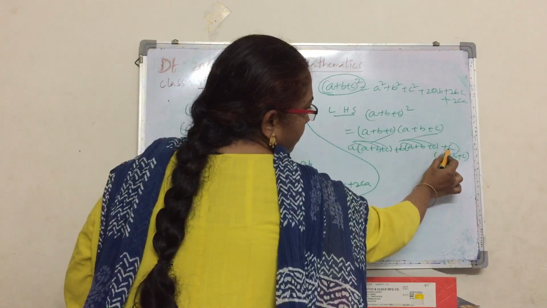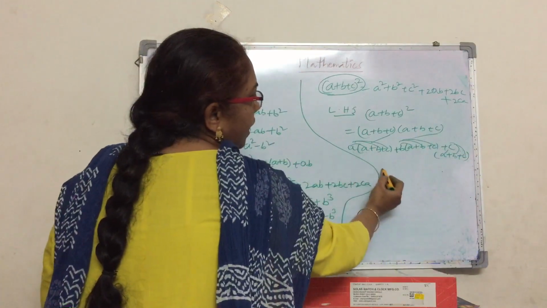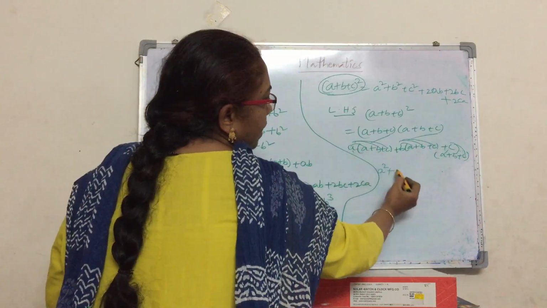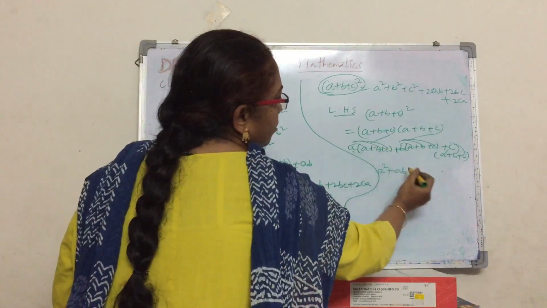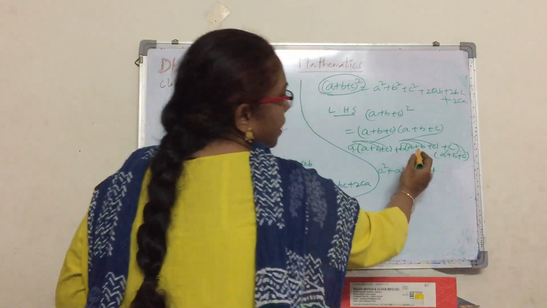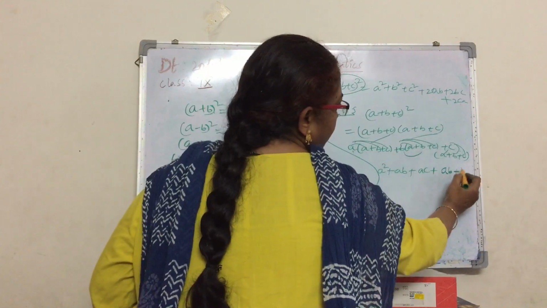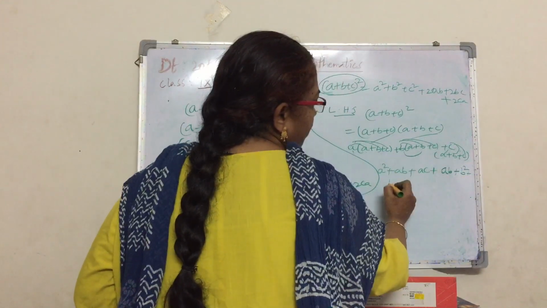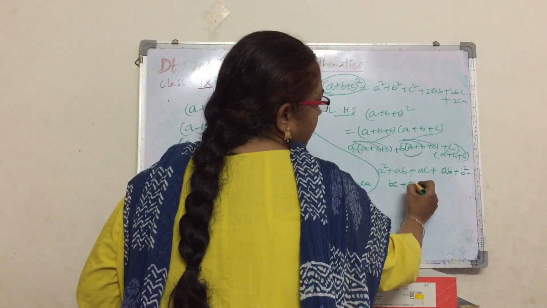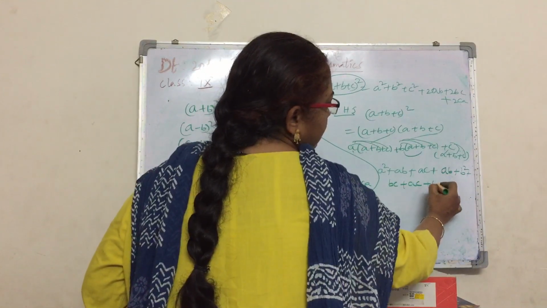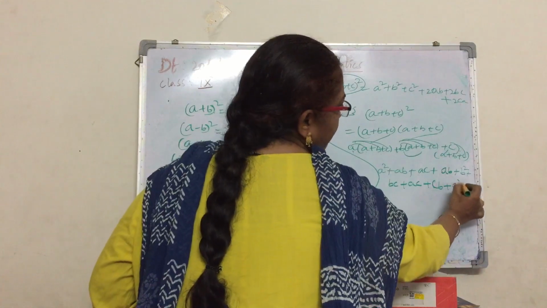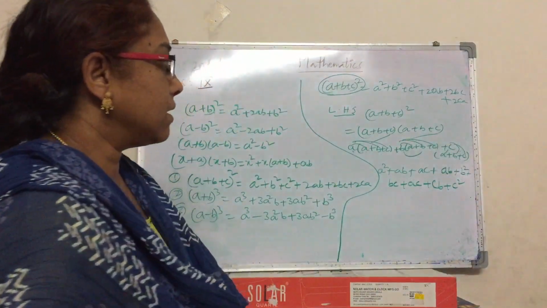So a into a, a square, a into b, ab, plus a into c, ac, plus b into a, ab, plus b into b, b square, plus bc, plus ac, plus cb, plus c square. So these are the terms.